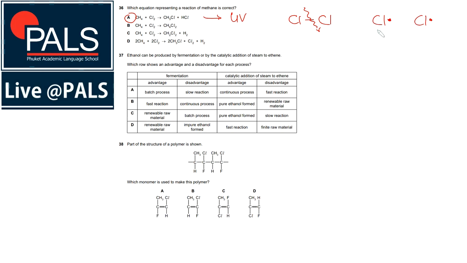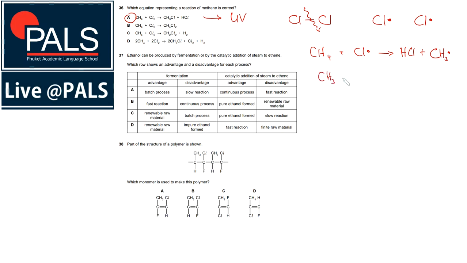So what will happen is that such a radical will react with the methane, and it basically steals away a hydrogen from it because it's so reactive, to form HCl, and that will leave behind another radical, a CH3 radical, which is super reactive and will eventually react with a chlorine molecule, Cl2.